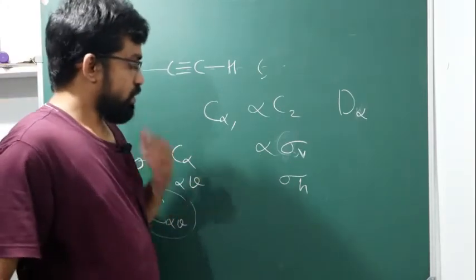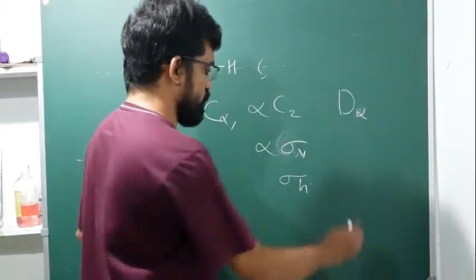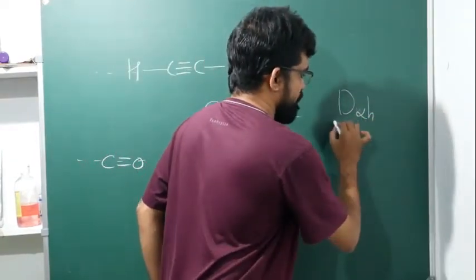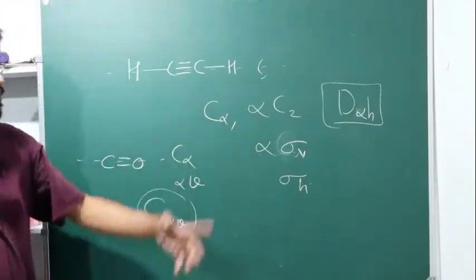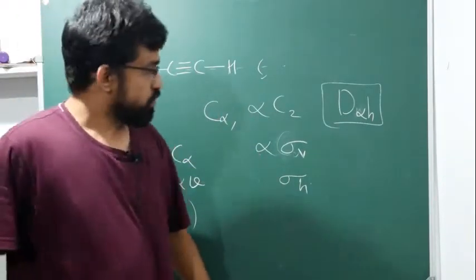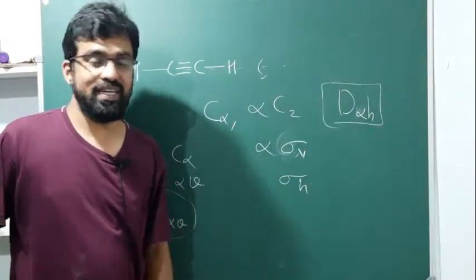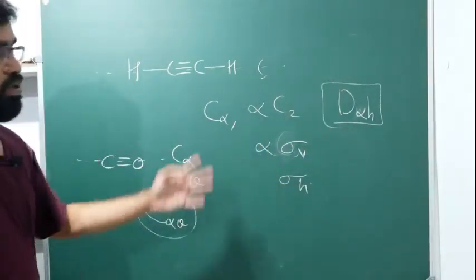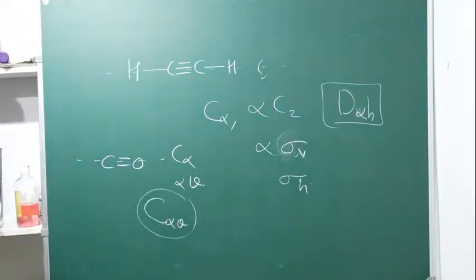So you can say that this belongs to D infinite h. So this is the point group of this. What is the order? It is infinite. An infinite number of symmetry elements are there, so the order of this group is infinite.